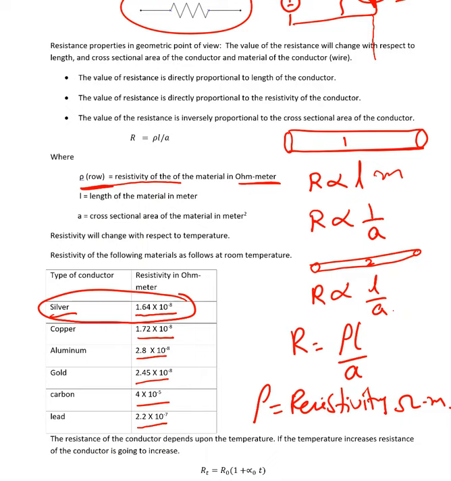But if I use silver for a transmission line, it's really expensive, so we cannot use silver. The next best conductor is copper, but copper is also not cheap. So for transmission lines and distribution lines, we do not use copper. We use aluminum, but it's not pure aluminum.